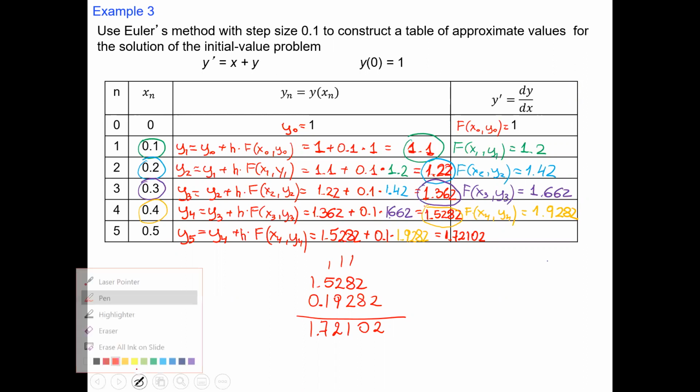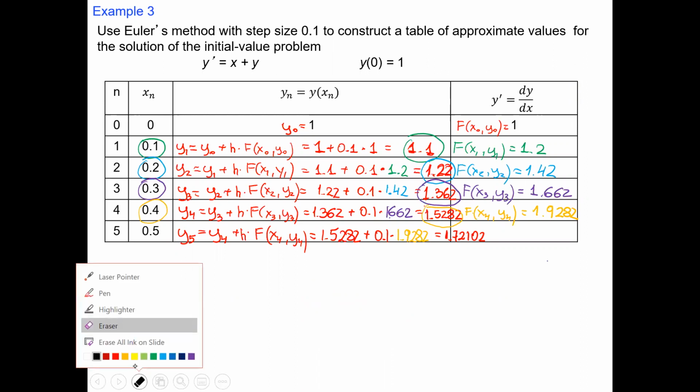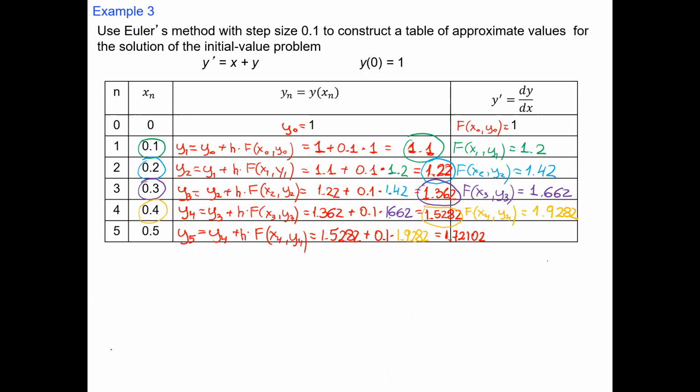Let's finish here. That means I believe this is the correct value, because actually the last value, which, what color? Actually, I can keep the red, is at 0.5.